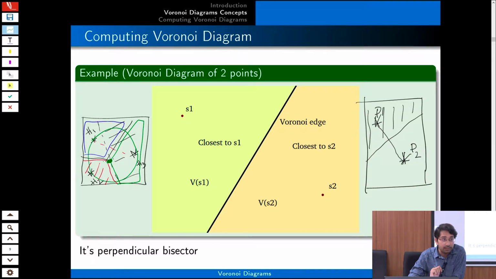What does it mean? That this is the closest facility from this point P to H1, H2 and H3. In other words, if I draw a circle centered at this point P and passing through H1, it should not contain any other site point.